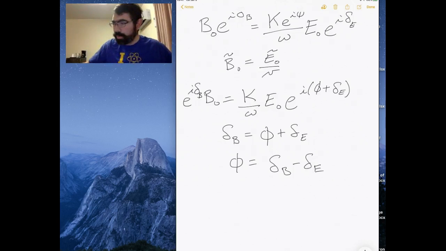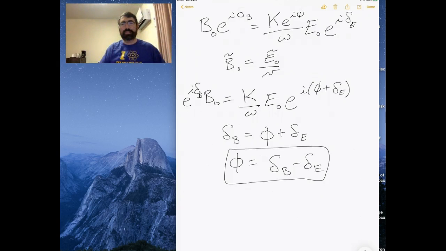Okay, so then what does that even mean? We worked this whole thing out, and we started with the complex amplitudes, and we wrote them in the polar form of the complex numbers.